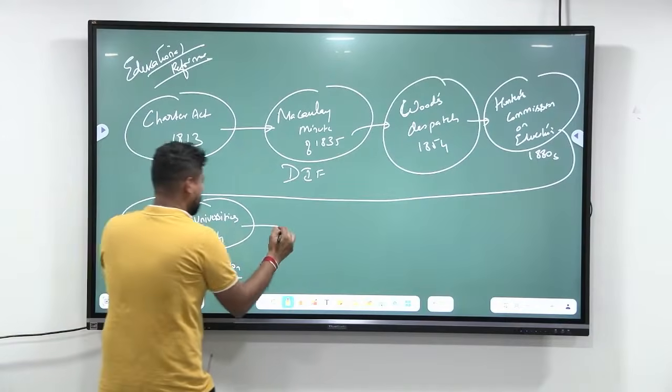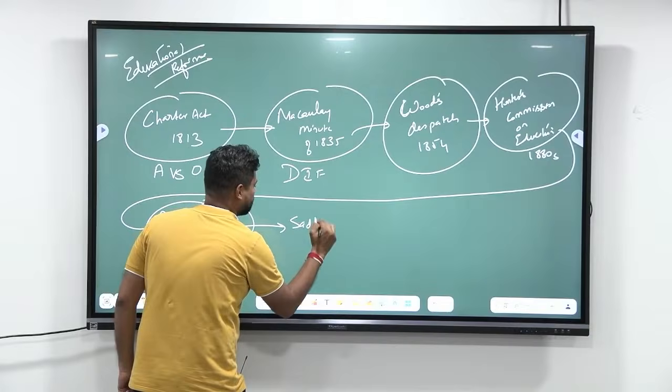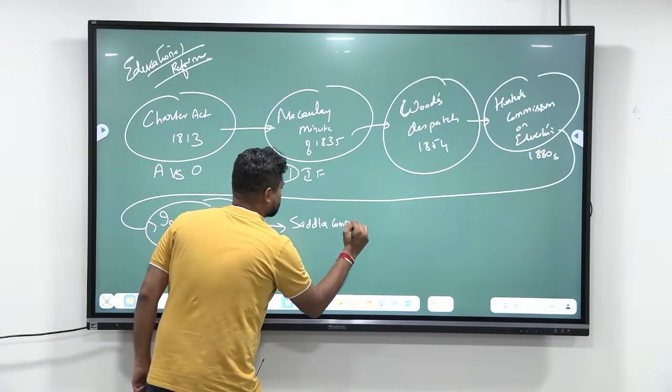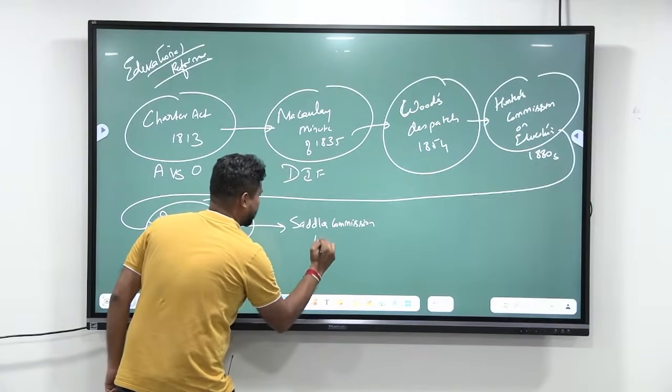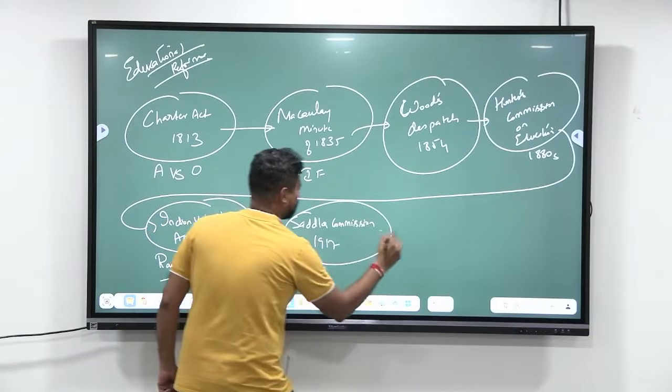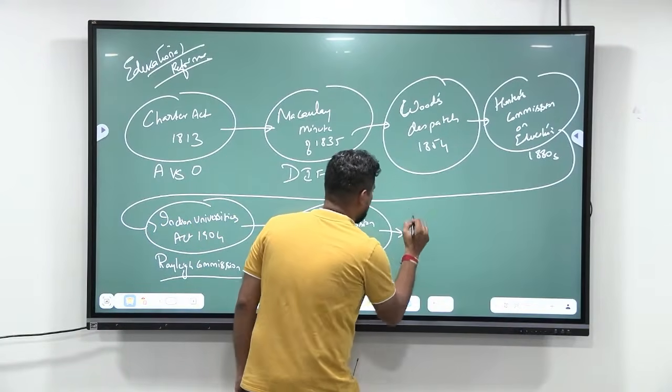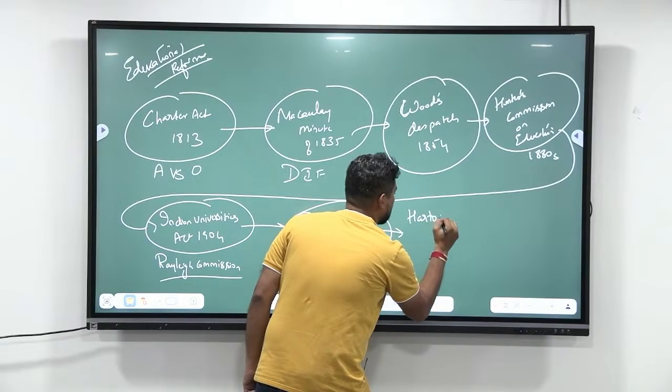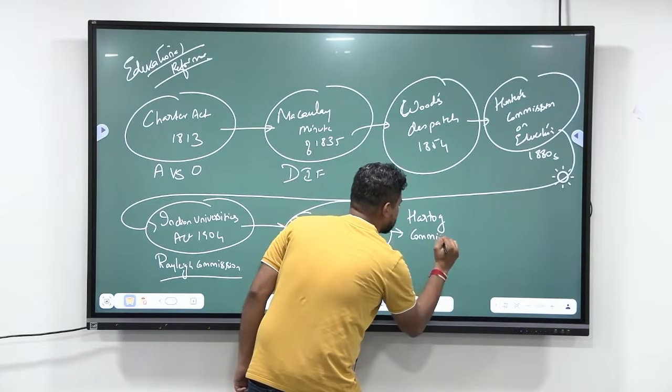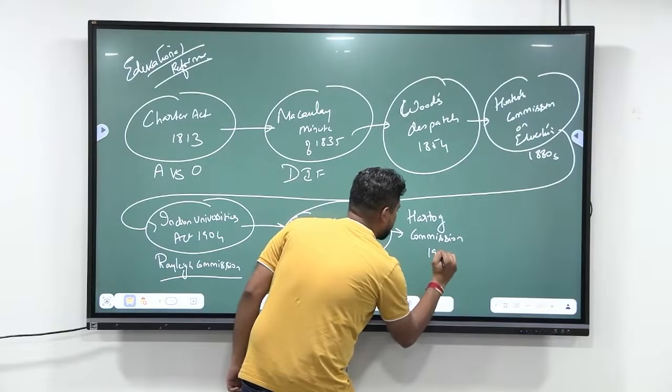Anyways, next. The next comes Sadler Commission, 1917. After Sadler Commission, the next comes Hartog Commission. This is in 1929.